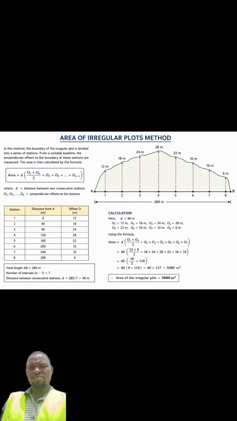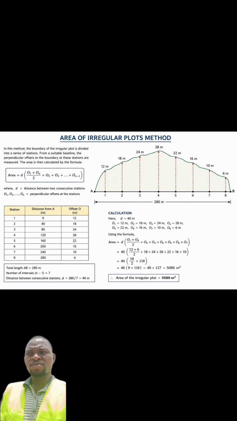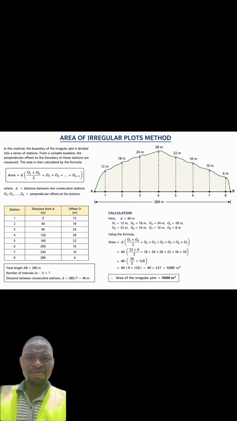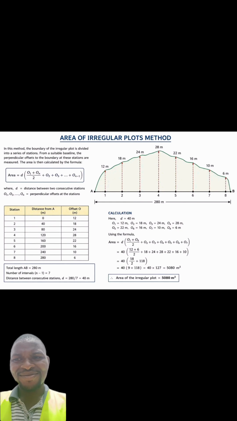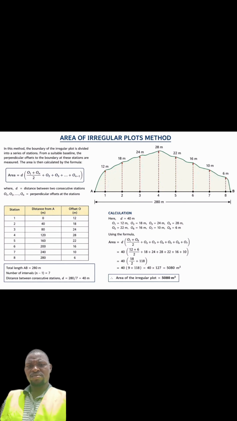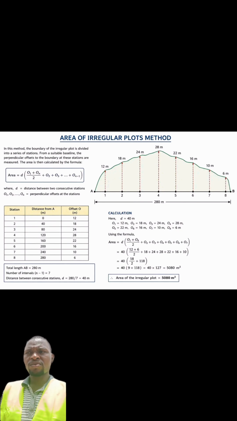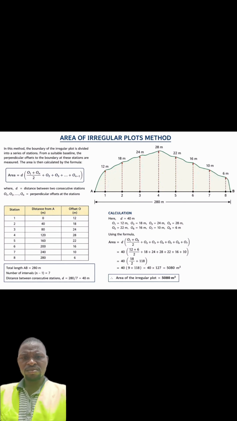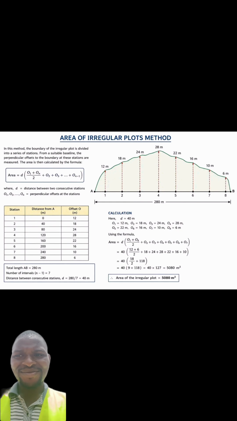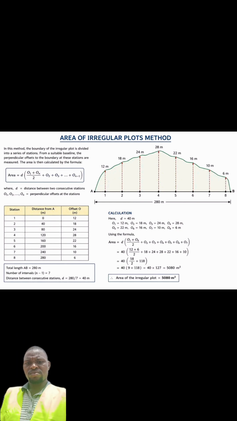Using the formula, A equals D into the bracket of O1 plus O8, the last number, over 2, plus O2 plus O3 plus O4 plus O5 plus O6 plus O7. The first and the last are summed together over 2 before you sum the intermediates in between.